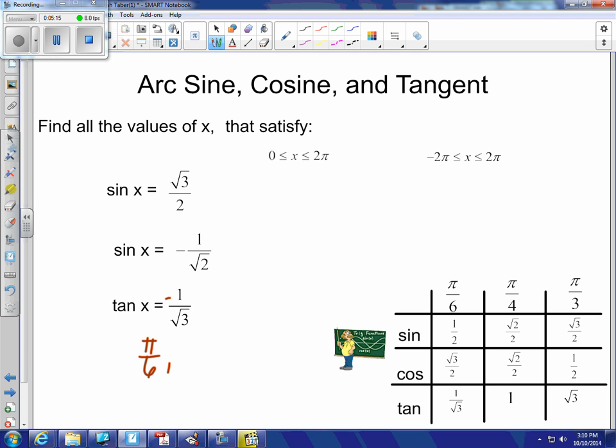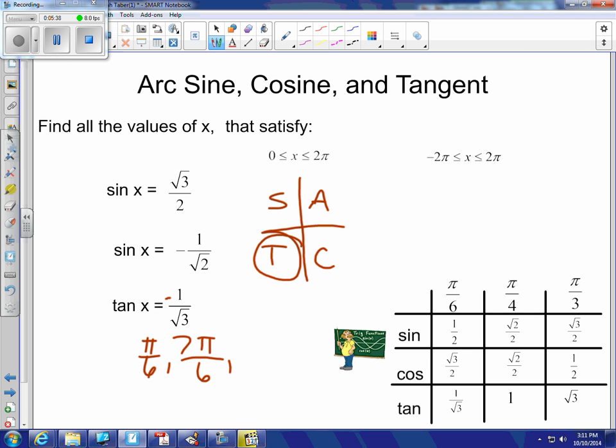What about our other angle? When else is tan positive? All students take calculus. Third quadrant, right? So that will be, yes, 7 pi over 6.